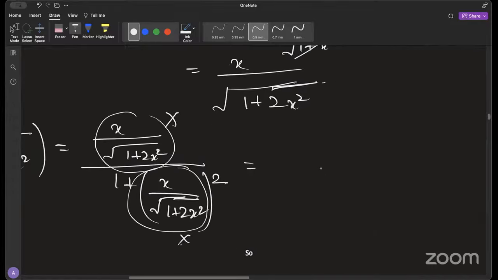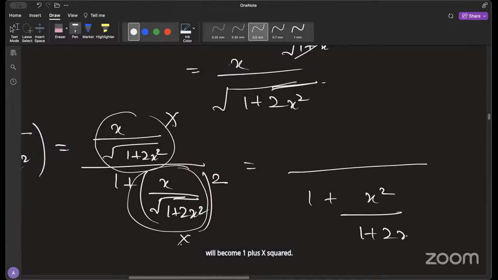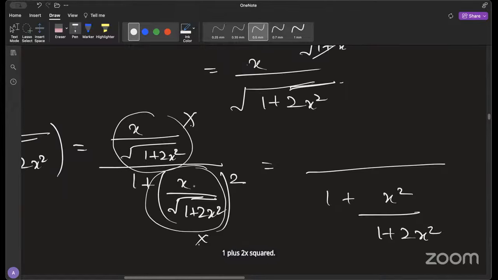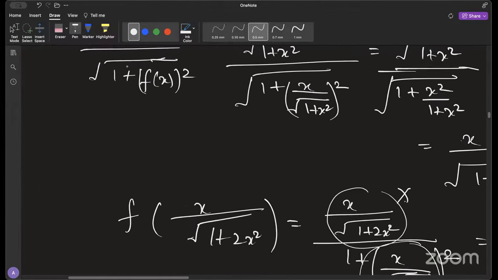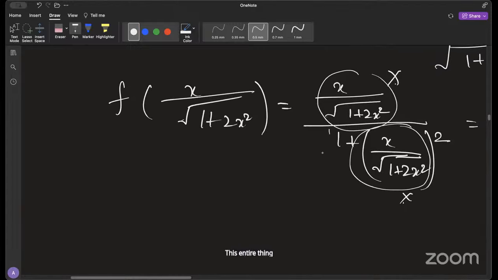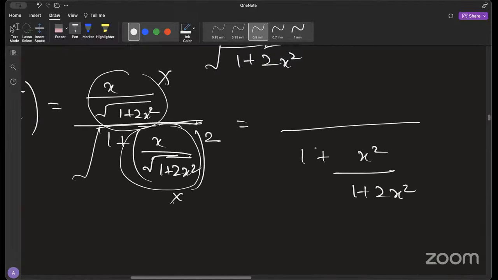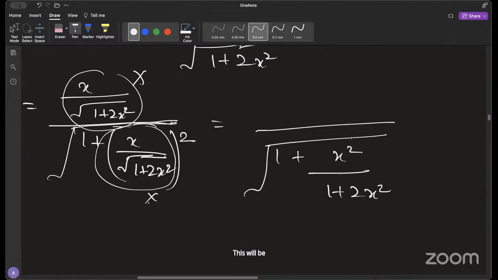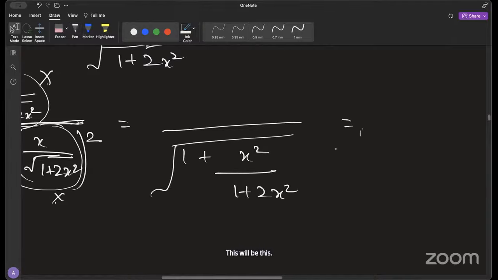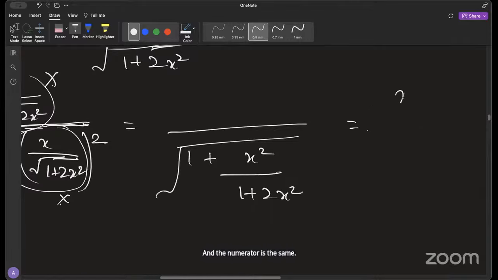So this becomes, the numerator remains the same. So this again will become 1 plus x squared, 1 plus 2x squared, this entire thing in square root. The numerator is the same, x, square root of 1 plus 2x squared.